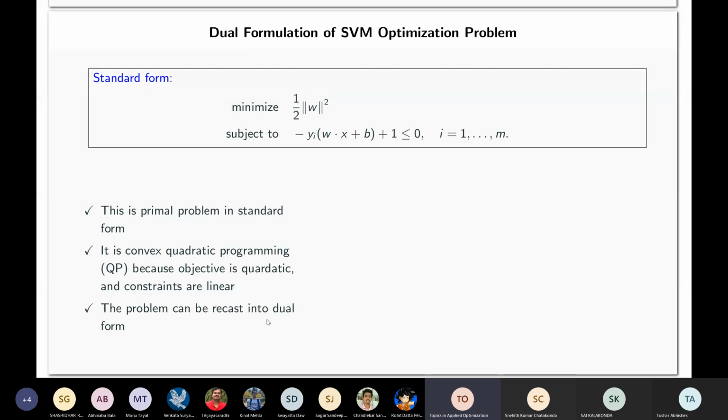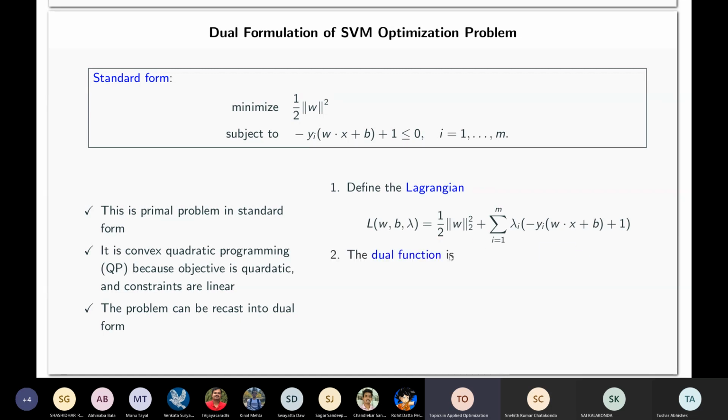The problem can also be recast in the dual form, which we can always do. For a primal problem, we can write a dual form. For that, we write the Lagrangian, which is this, and the dual function is the infimum of the Lagrangian. The Lagrangian is convex in W and B, so we can find the minimum of L by the first order condition.